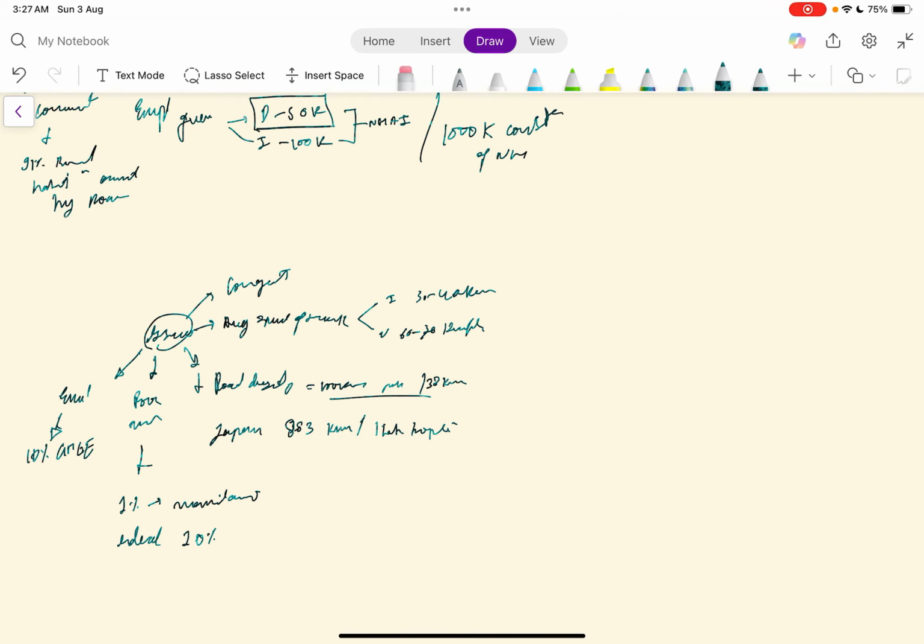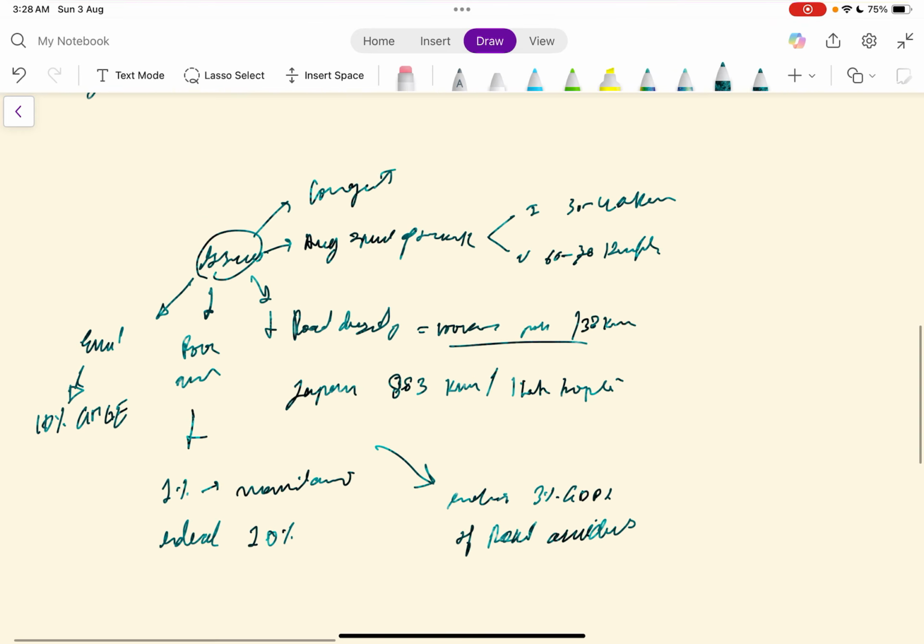Because of all these things, India loses around 3% of its GDP because of road accidents.